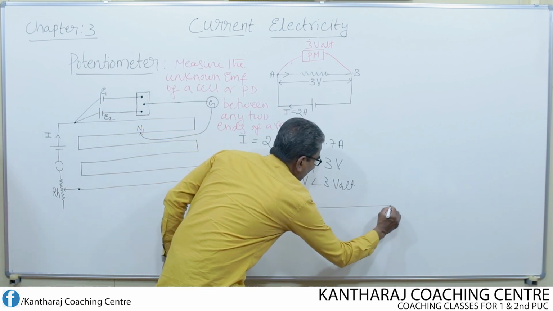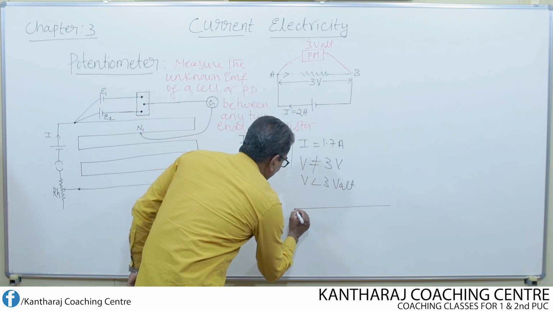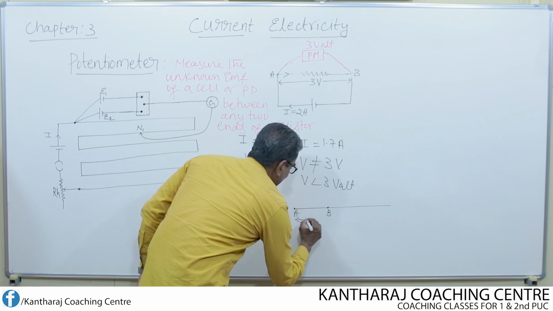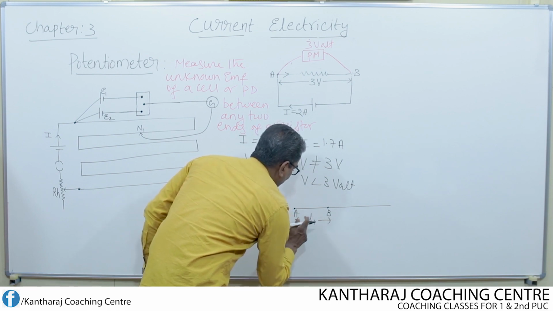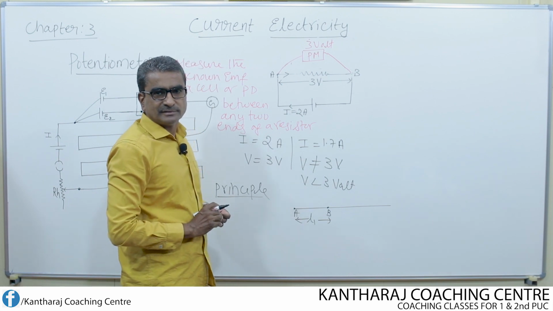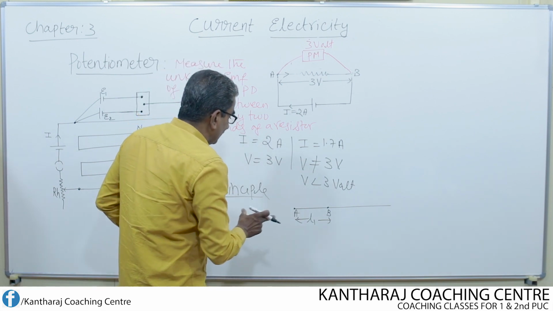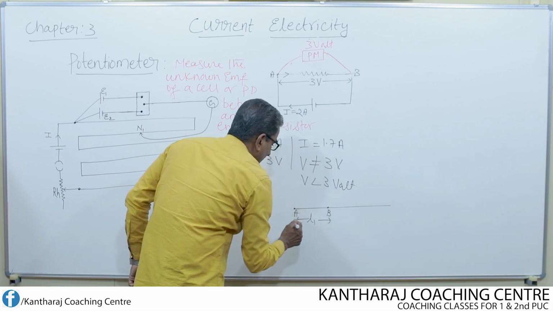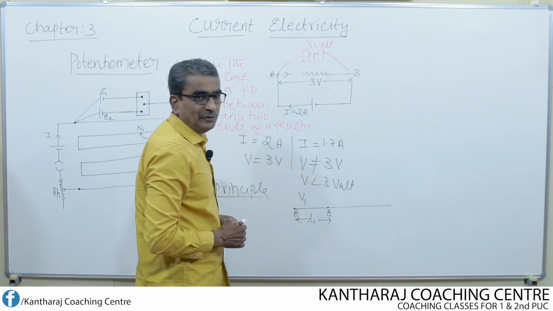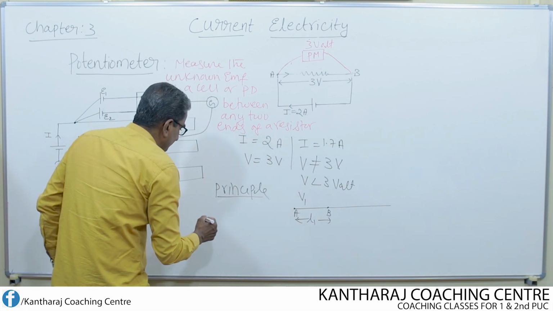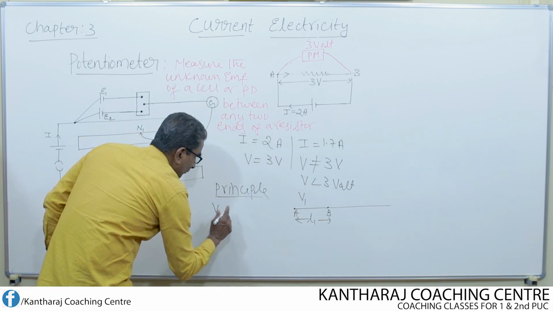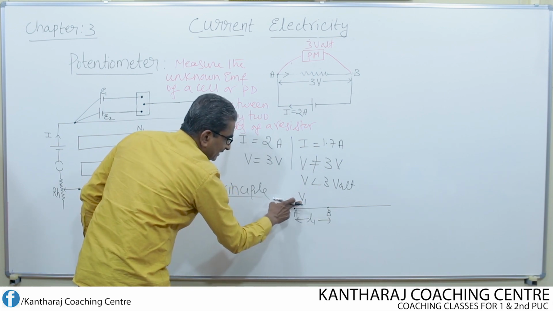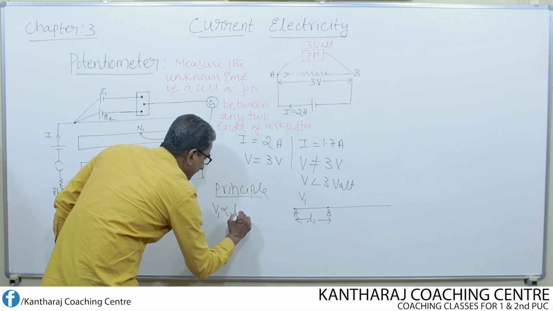If I consider a wire of certain length, say for example, I choose 2 points A and B, let L1 be the length between the 2 points A and B. Now the potential difference between the two ends of this wire, I consider that as V1. According to this principle, V1 should be directly proportional to the length.